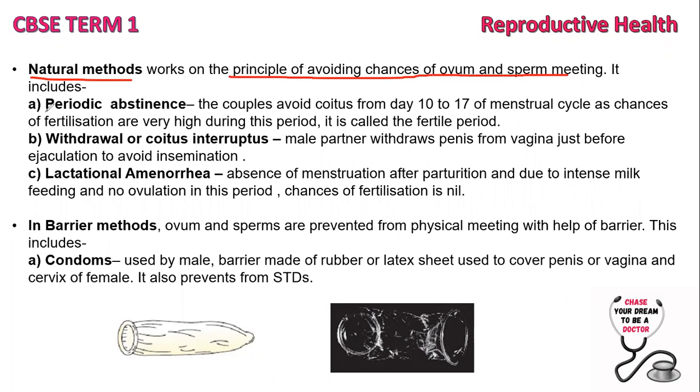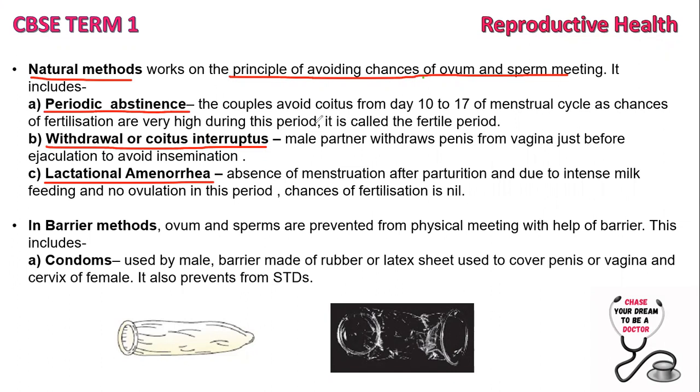It includes three main methods: periodic abstinence, withdrawal or coitus interruptus, and lactational amenorrhea.